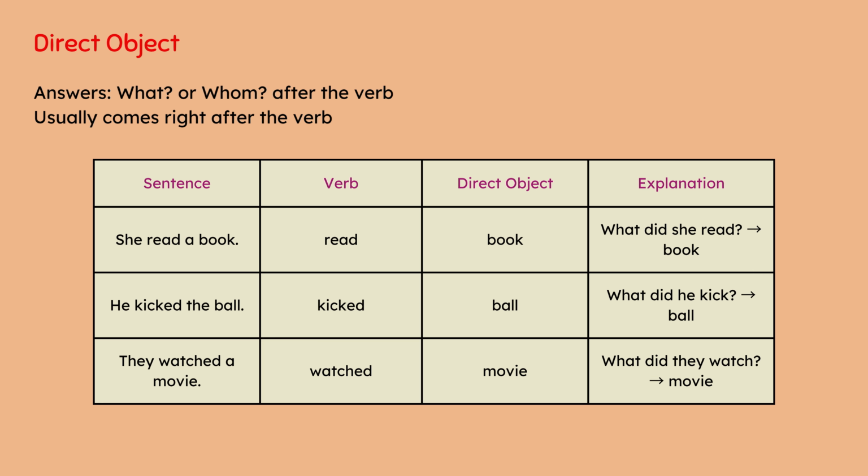So book is the direct object. He kicked the ball. What did he kick? Ball. The action is done to the ball, so it's the direct object. They watched a movie. What did they watch? Movie is the direct object because it receives the action of watching. Quick tip: the direct object usually comes right after the verb in a sentence.